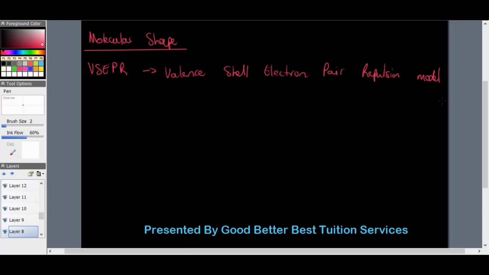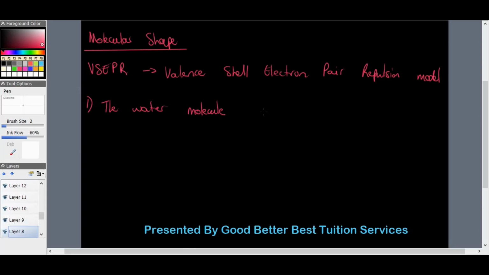Let's take one of the easiest and most common molecules that exist in our society today, the water molecule. One of the essentials of life, water.